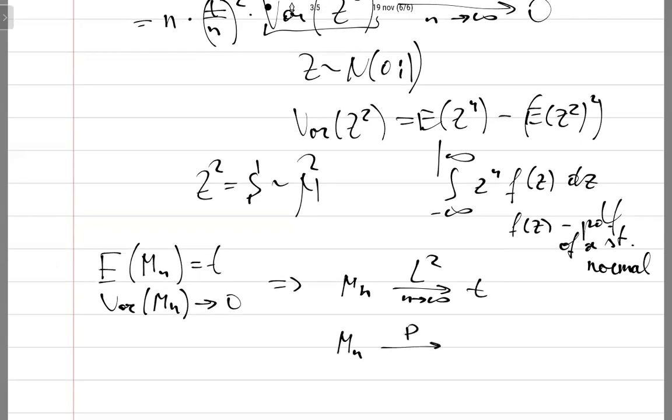Mn tends in probability to T. Because in many cases, sequences of random variables converge in two modes simultaneously. But sometimes, as we have seen, the sequence of random variables converges in one mode, but not in the other one.